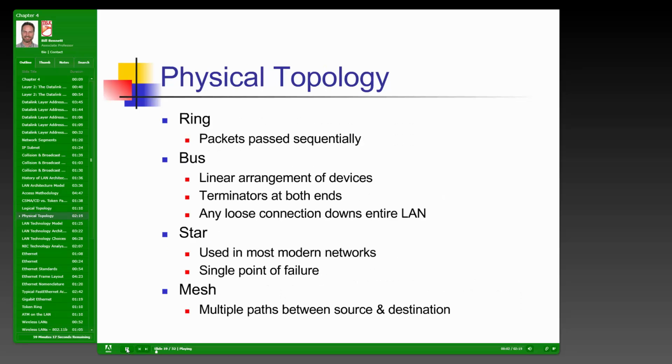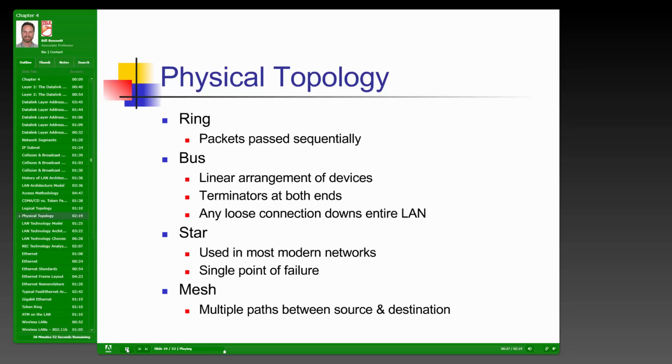And then finally, as far as the network architecture properties are concerned, we get to physical topology. Again, this is the way that all the devices are connected together. We've got ring, bus, star, and mesh as the commonly known physical topologies. In ring-based networks, the packets are passed sequentially from one network interface to the next.